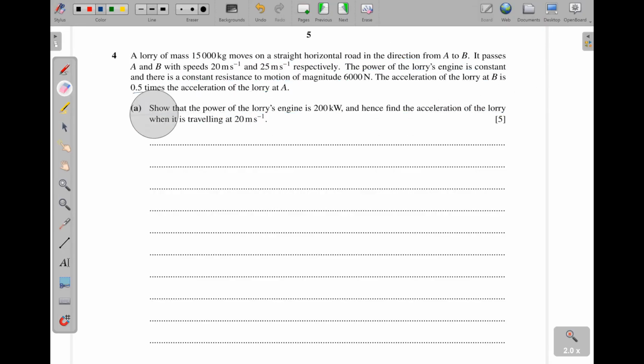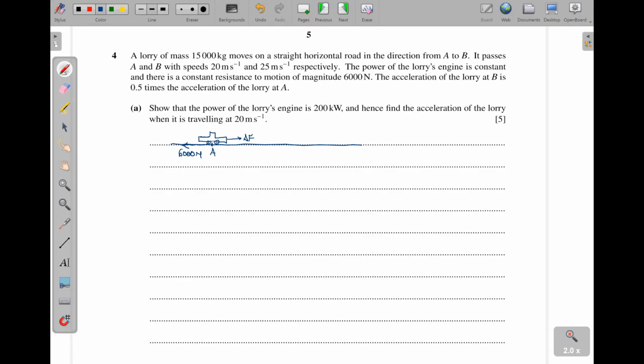Now, I'm going to sketch something small here. You know, I love sketching in mechanics. It helps you understand the context within which the question has been set. You can easily know the forces that are acting on the particle. Let's say this is the car here. It has a resistance force here of 6,000 newtons. Now it can move from this part here.